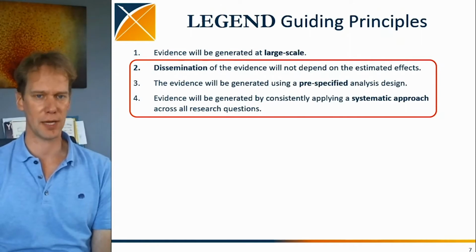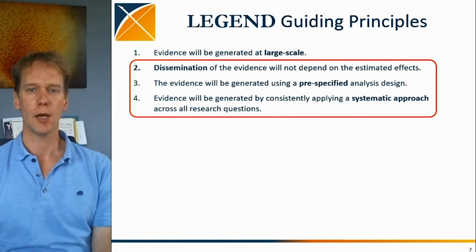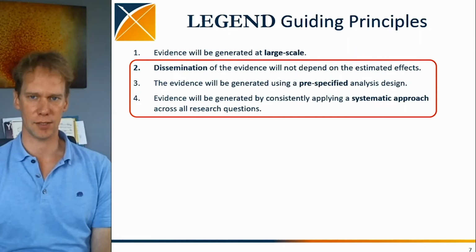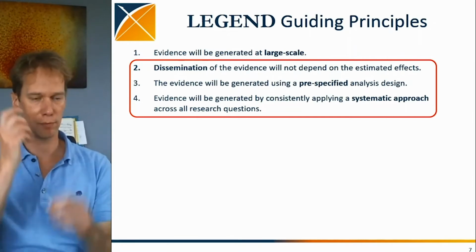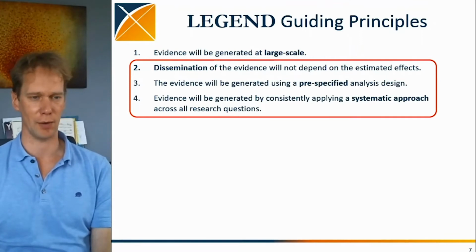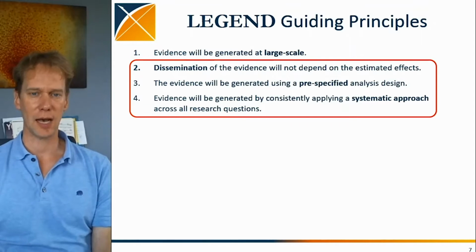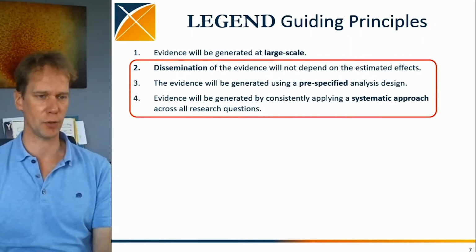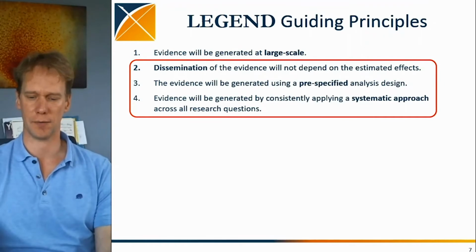Furthermore, principle 3 states that evidence will be generated using a pre-specified analysis design. So we will design the study, execute it, and then afterwards we're not allowed to modify that design anymore. Lastly, evidence will be generated by consistently applying a systematic approach across all research questions. So there's no fine-tuning of any analysis for one specific exposure or one specific outcome.